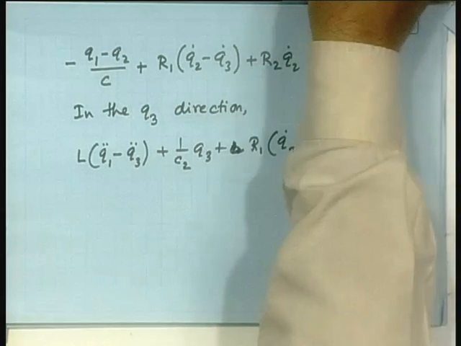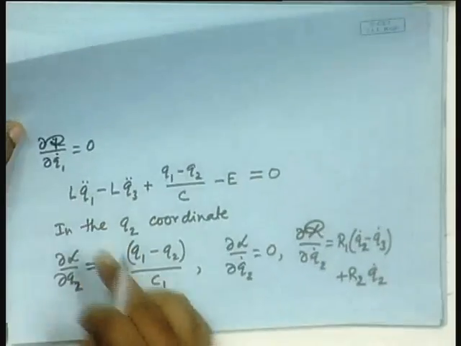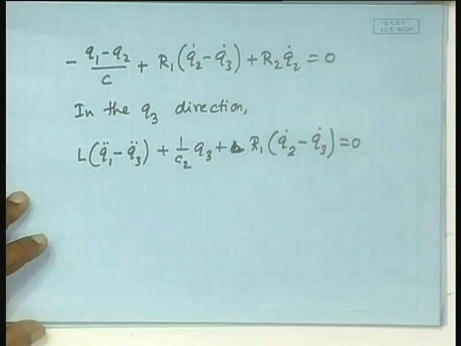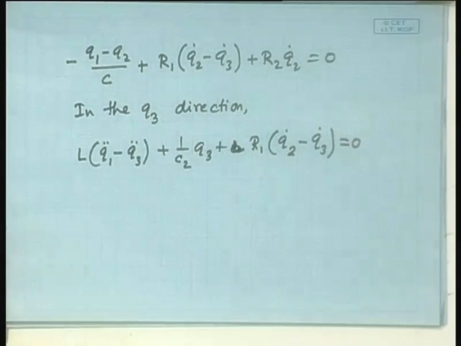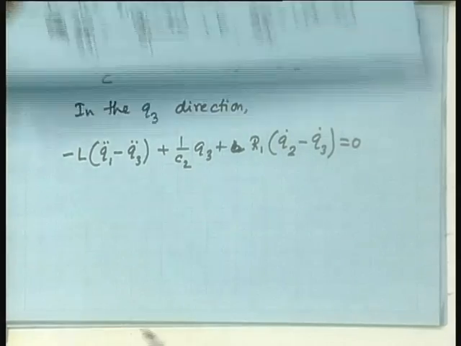So, the three equations are this and this, where in the q3 direction it will be minus L q1 double dot minus q3 double dot. Let us check. With the minus sign.